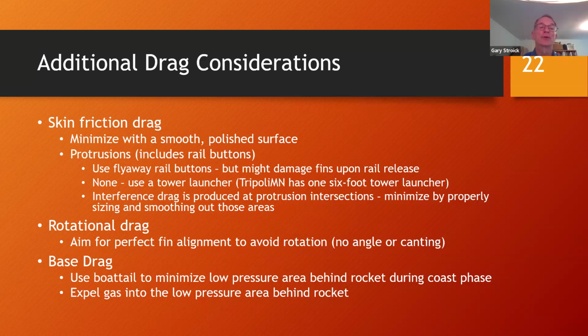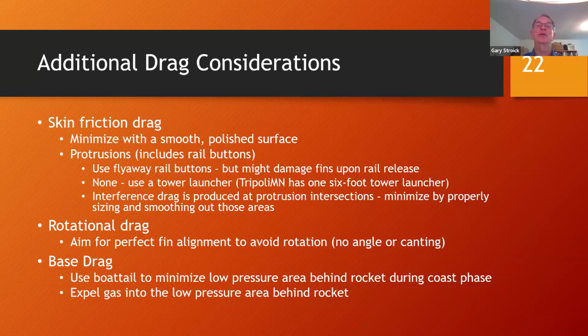For rail buttons, you could use flyaway rail buttons. These are rail buttons held to the outside of the rocket with a device that goes around the airframe, with rubber bands. Once the rail buttons leave the rail, the rubber bands snap it open and it falls off the rocket.